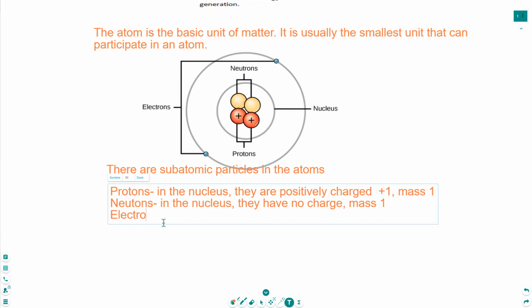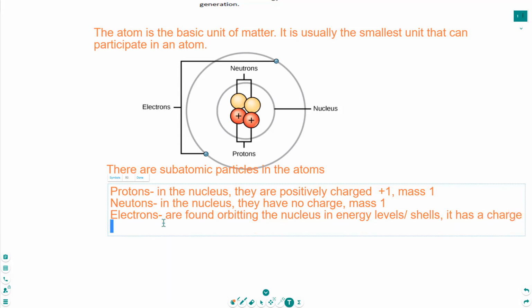And as for the electrons, the electrons are found orbiting the nucleus in energy levels, or we call them shells. As for the property of the electron, it has a charge of -1, but it is massless.